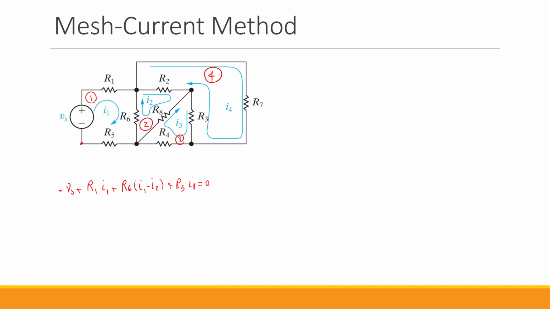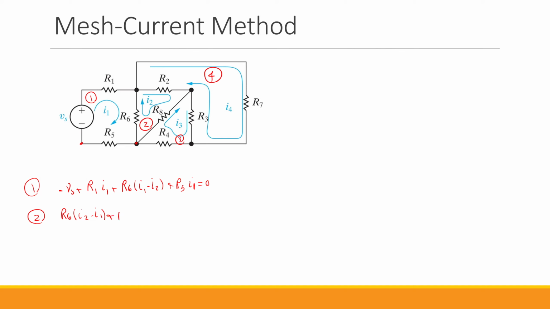Let's write the KVL equation for mesh 2. For mesh 2, I start from here. So we have R6, which is common between mesh 1 and mesh 2. Since we are going in the direction of I2, the net current in that direction is going to be I2 minus I1. So I use I2 minus I1. Then we get to R2. We are going from left to right in the direction of I2, but we have the competing current I4 going from right to left.